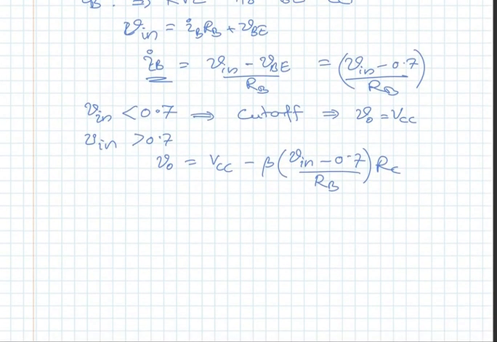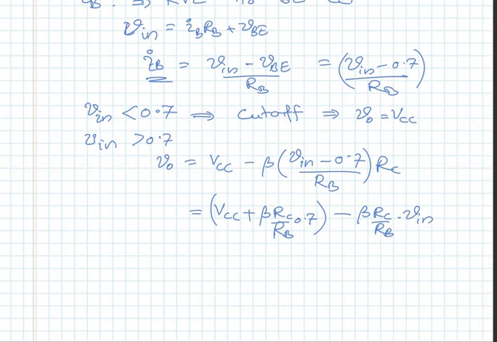So V out is equal to VCC minus, let me take this term first, beta RC over RB times 0.7, so minus minus, this is positive, let's put this in brackets, minus beta RC over RB times V in.